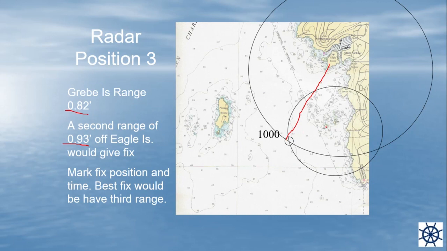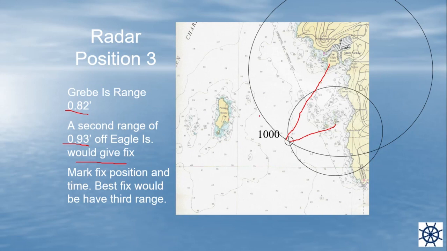And this one is Gravy Island, the one from earlier. So the intersecting of these two ranges will give a fix. Mark the fix position and time. Based on a third range, if you add one more, it is better here.